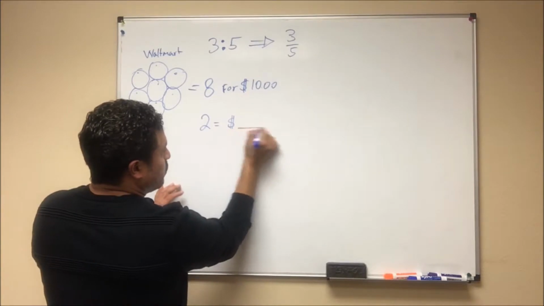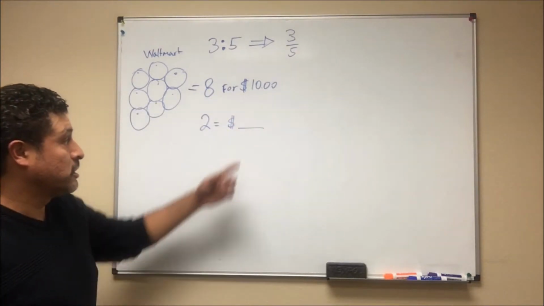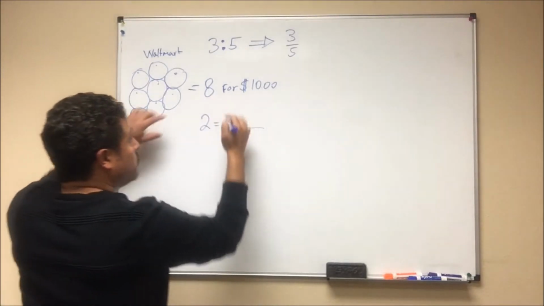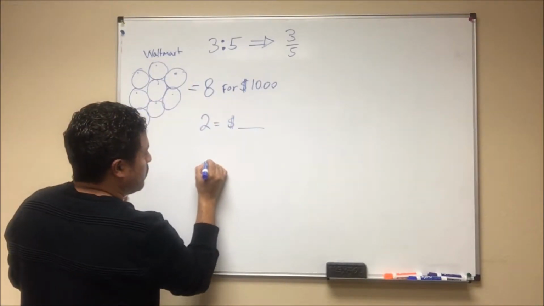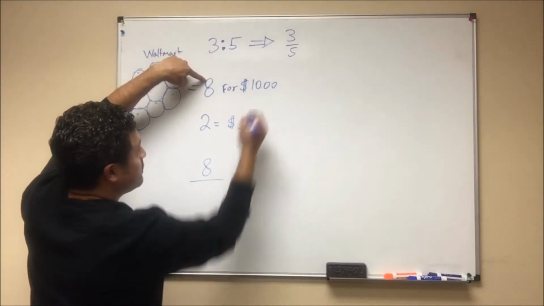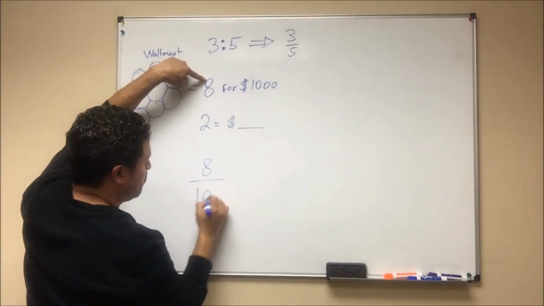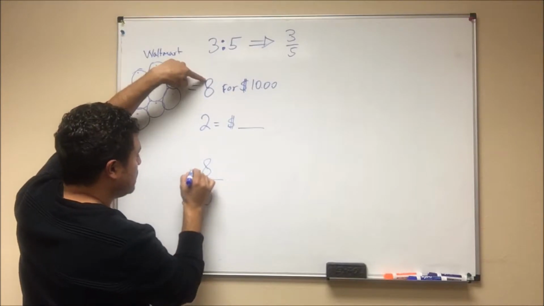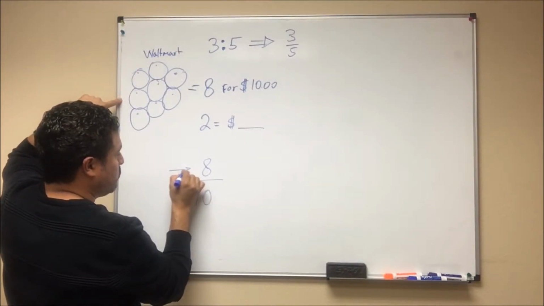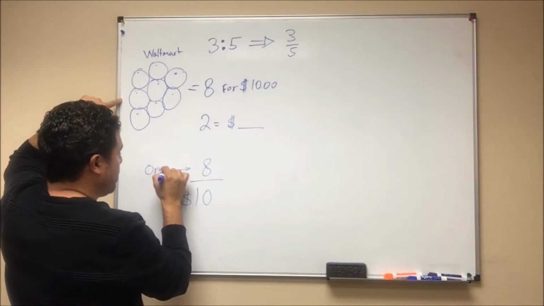So we don't know how much it would cost. But then you can actually use ratios. So what you can do, you can put the 8 on the top and write it as a ratio, 8 to $10. But remember, on the bottom you have dollars, and on the top you have the oranges. Okay, so this number represents oranges.